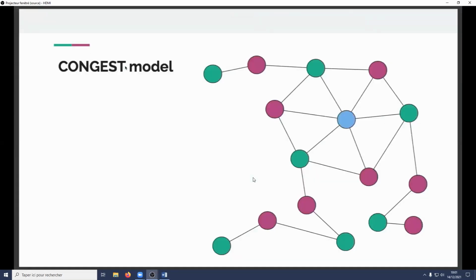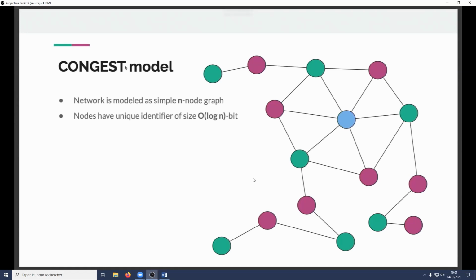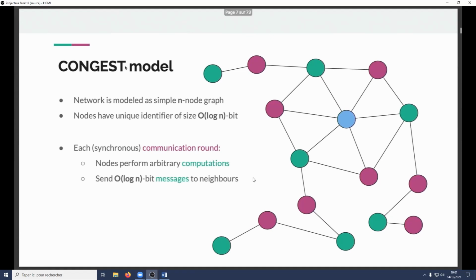So let me shortly introduce the CONGEST model. In the CONGEST model, the network is modeled as a simple n-node graph, where each node has a unique identifier of size at most O of log n bits. The algorithm proceeds in so-called synchronous communication rounds, where each node is allowed to perform arbitrary computations and send messages to all of its neighbors, but the message size per edge, per communication round is bounded by O of log n bits.